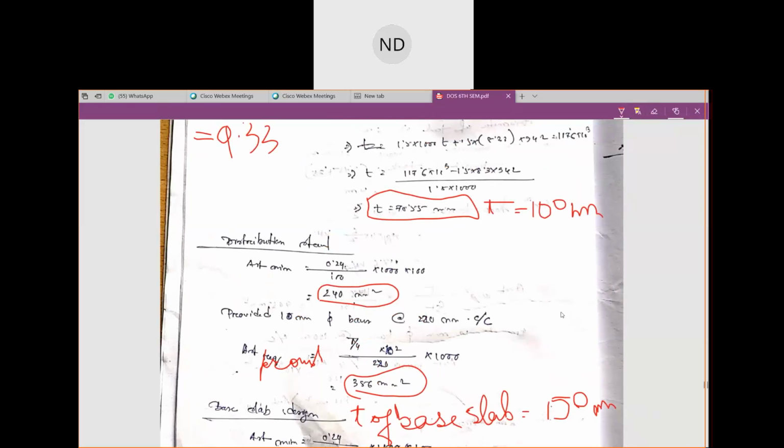I'll show you the figure, that means the reinforcements which we have done for the base slab design. It is taking time to receive the image.